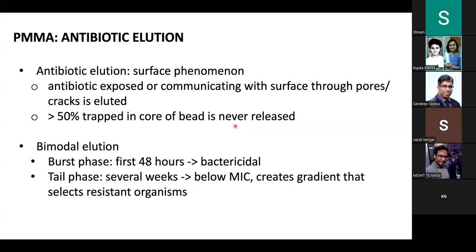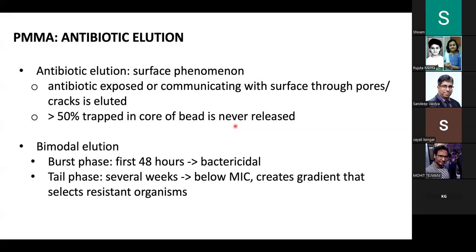At a certain point, the local antibiotic concentration falls below the MIC. When that happens, if there are any bacteria still remaining, there is a tendency that these bacteria can mutate to a more resistant form. And that is the problem with PMMA.